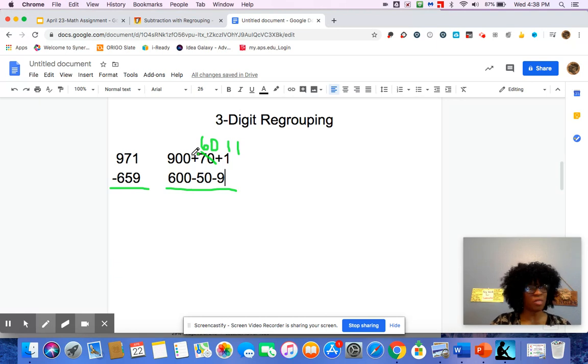And I know sometimes we think place value and everything else that we learn or do, it's not really connected, but it is, right? And so this is how we can see it's important. So going back to seeing if we are ready to solve, we have 11 minus 9. That looks good because 11 is bigger than 9. 60 minus 50. That looks good, right? Because 60 is bigger than 50. And then 900 minus 600 looks good, right?